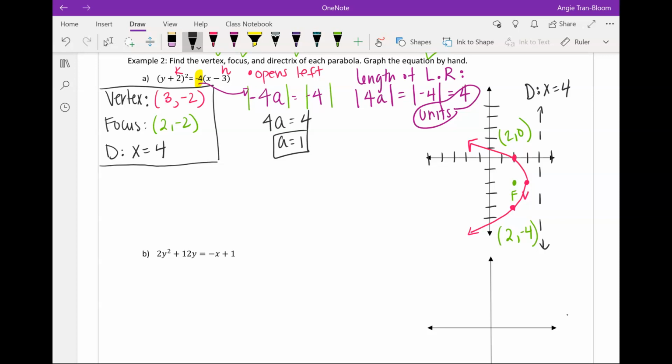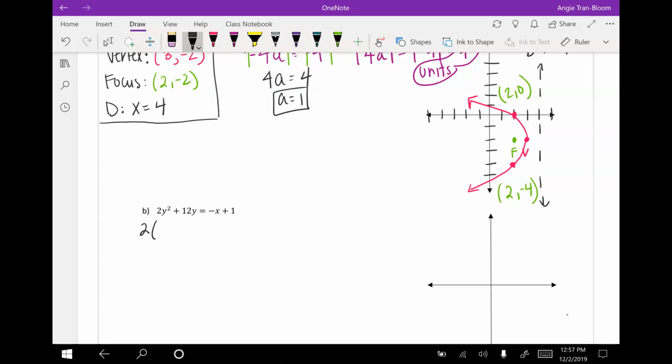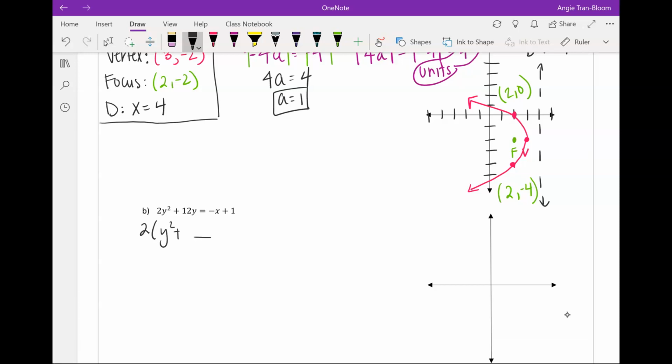Ready? To complete the square, we first will factor out the 2. We know the y variable is being squared, so we know it either opens to the left or to the right. So y squared plus 6y plus something blank equals -x plus 1.